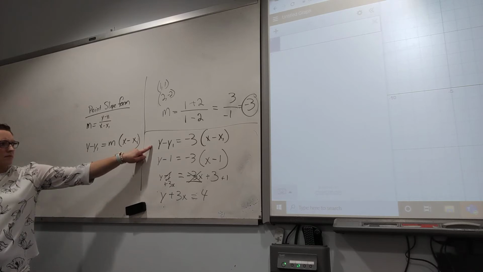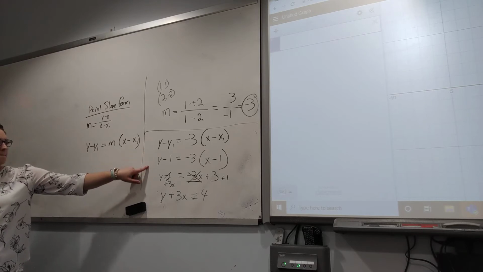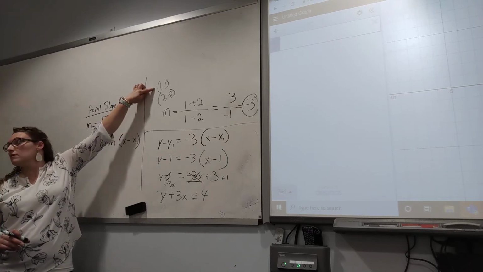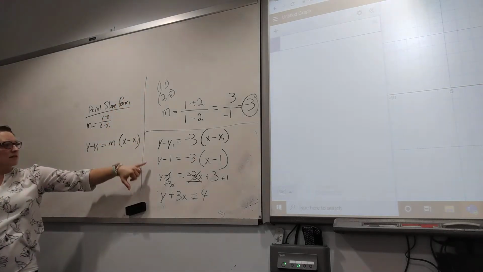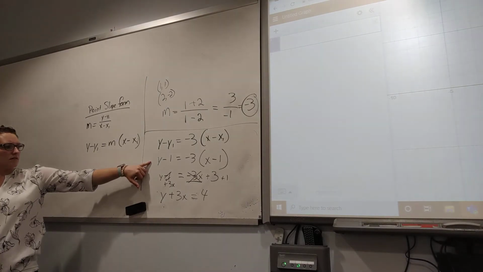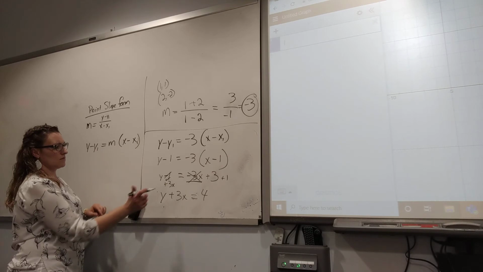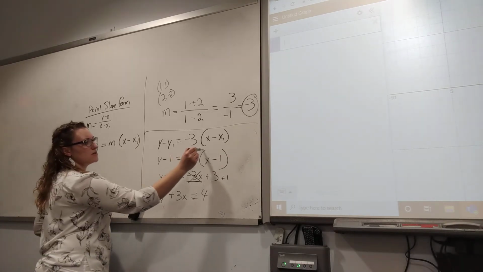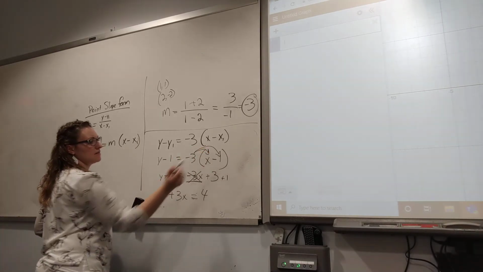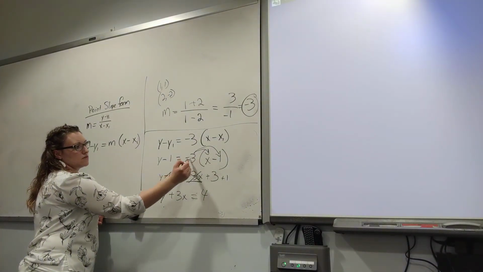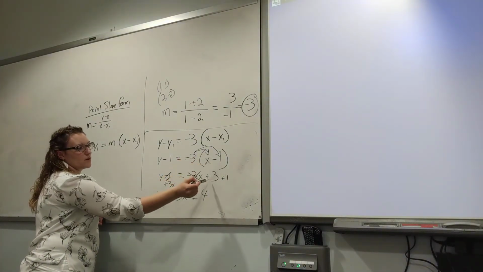We just plugged in the slope, and then how Mrs. Williams said was just to plug in one of your ordered pairs. So where did you get y equals negative 3x plus 3 at the bottom? I distributed. Oh, okay, I see. So negative 3x right there. Remember, negative 3 times negative 1 is positive 3.